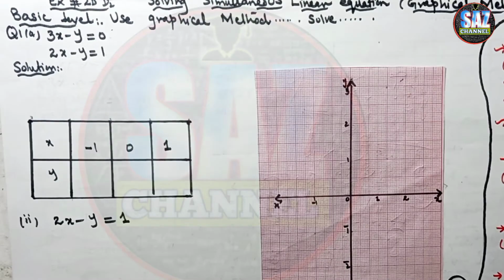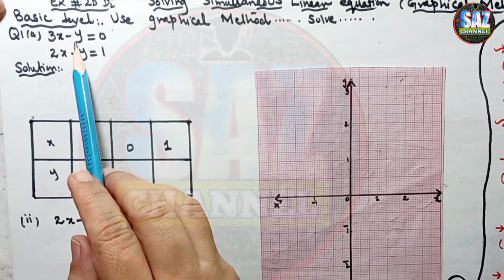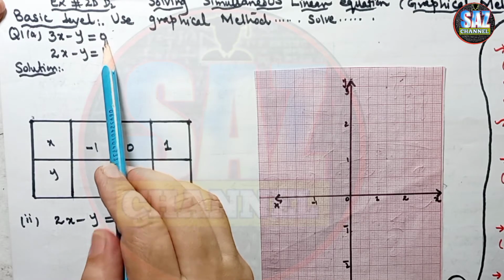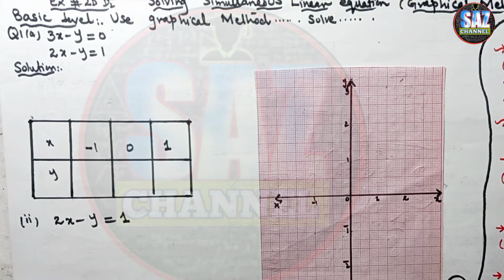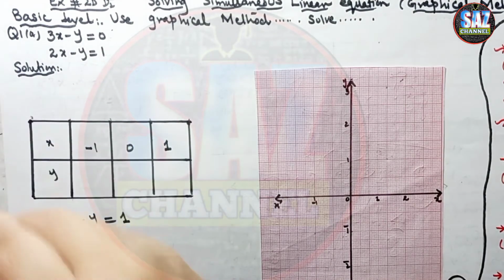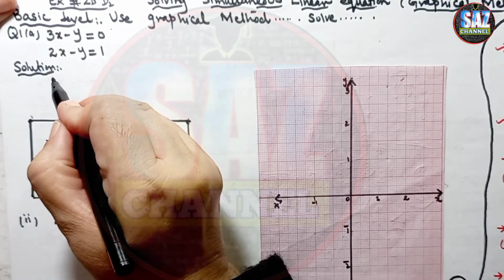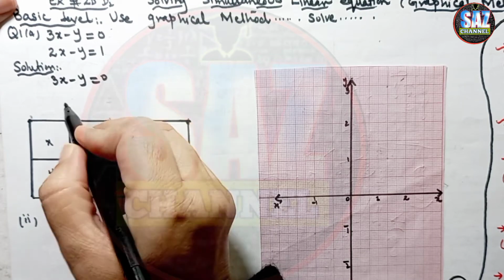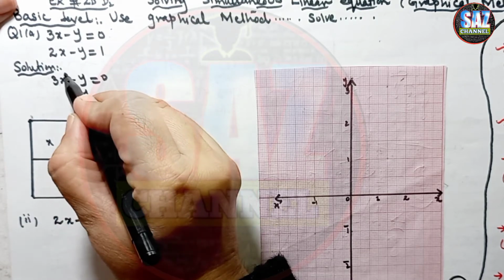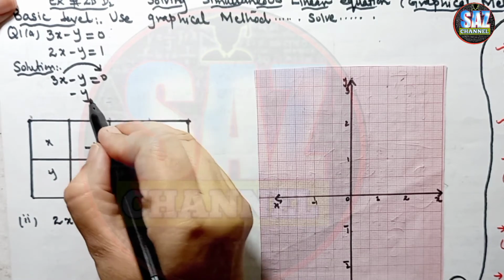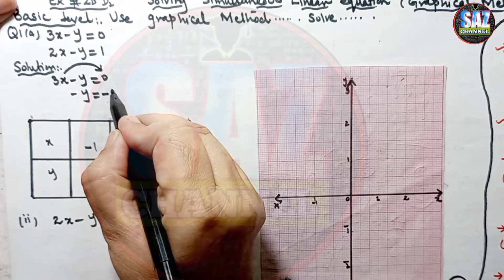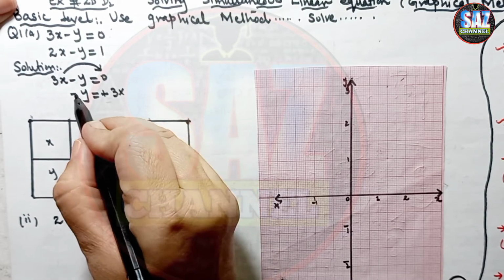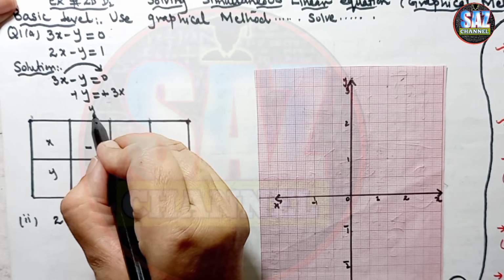If we look at the first line, that is 3x minus y equals 0, this line does not have a constant with it. So we can write minus y equals minus 3x, shifting 3x to the other side, or y equals 3x.